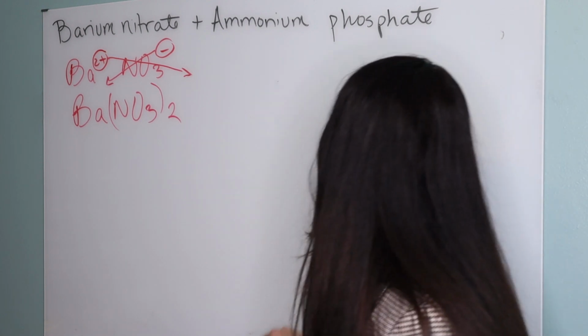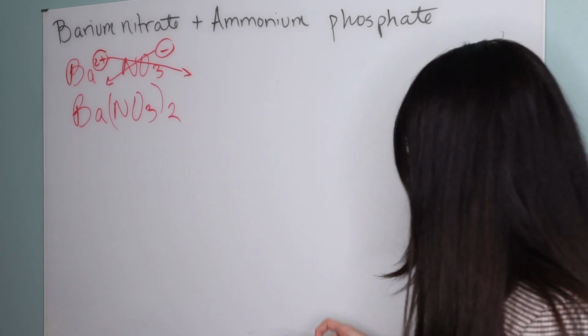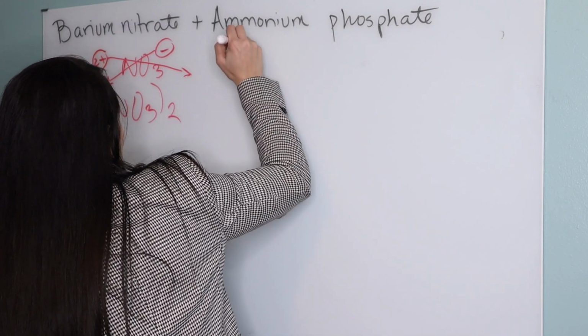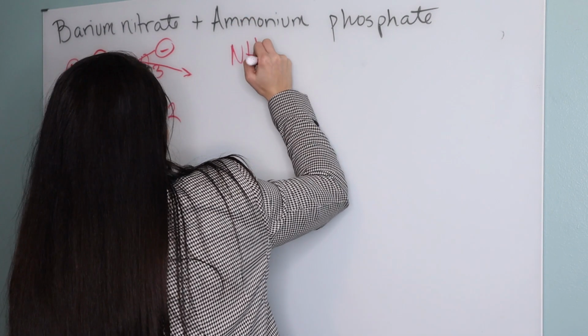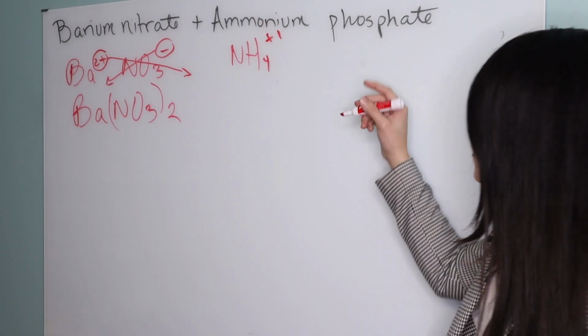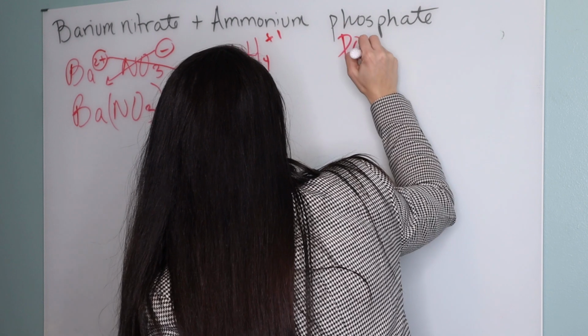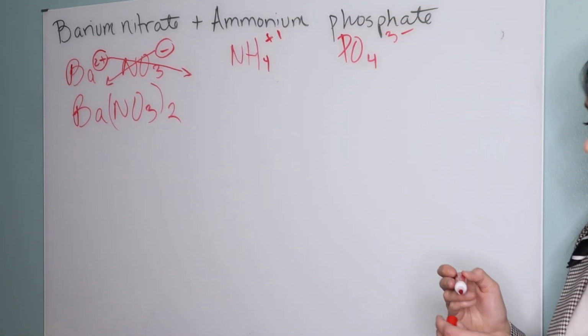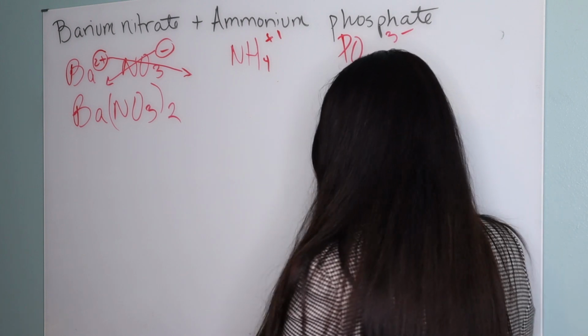Then let's do the same thing with this one. We have ammonium phosphate. So for ammonium, we have NH4 plus 1, and phosphate we have PO4 in the charge -3. So then, let me use another color.